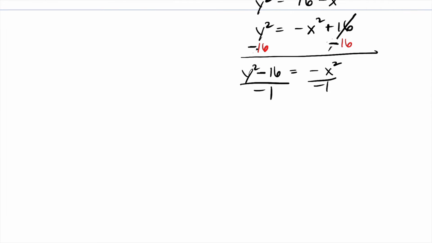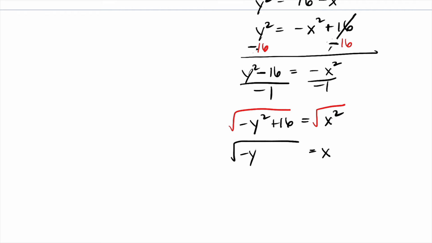Divide everything by -1, which changes the signs of everything. So it's going to be negative y squared plus 16 equals x squared. And then the last thing, I can square root it, so we get x equals square root of negative y squared plus 16.